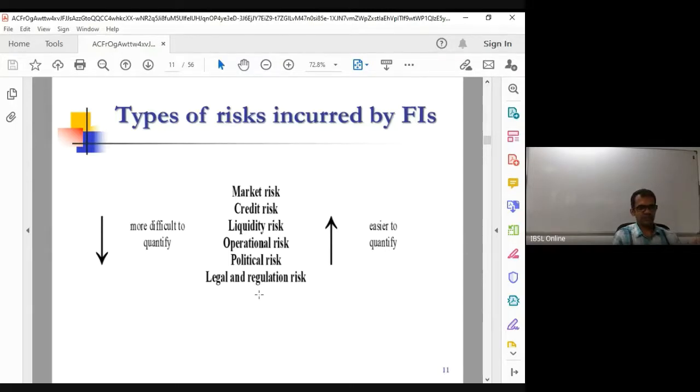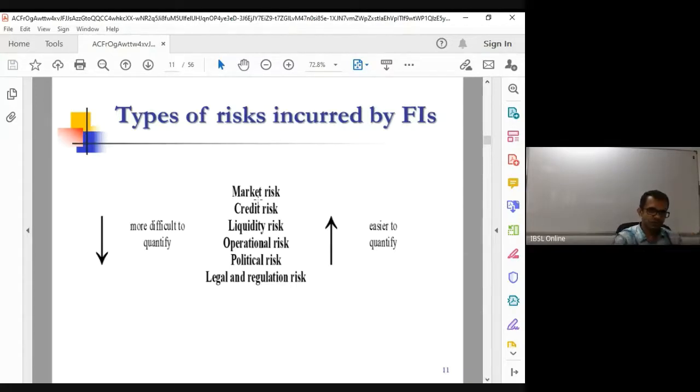We should be able to measure the risk and quantify it. Then it is easy for us to take actions. But the thing is, not all these risks can be easily quantified. Different risks have different characteristics, so therefore it's not easy to quantify.